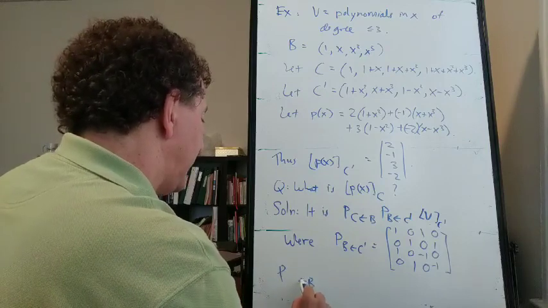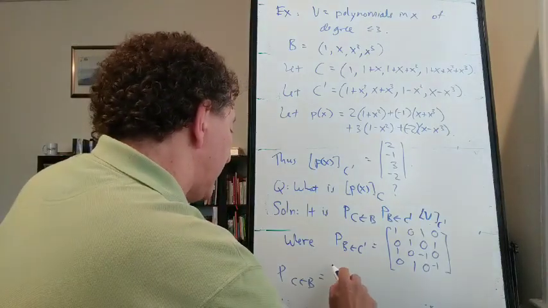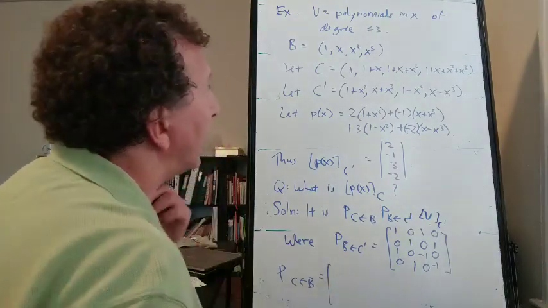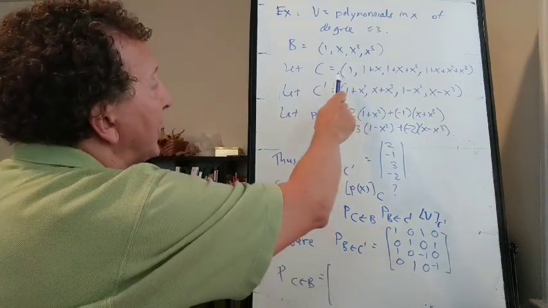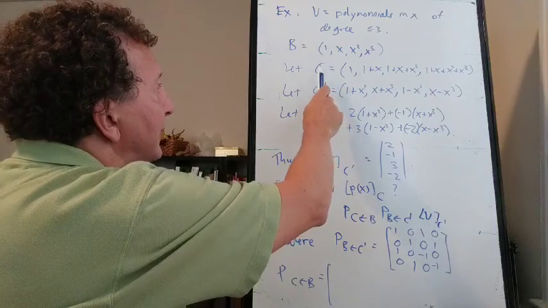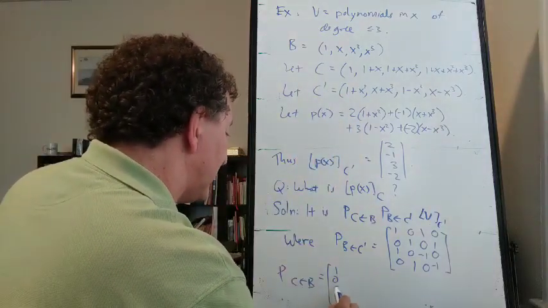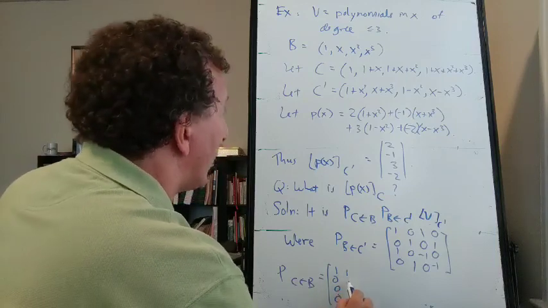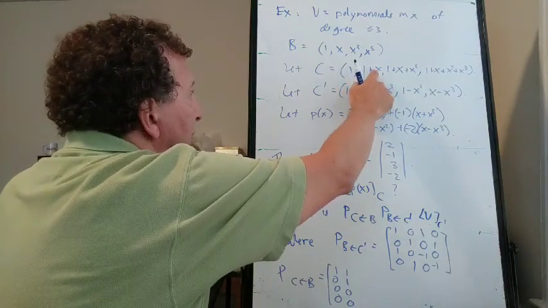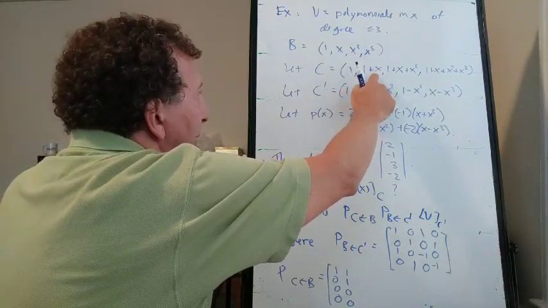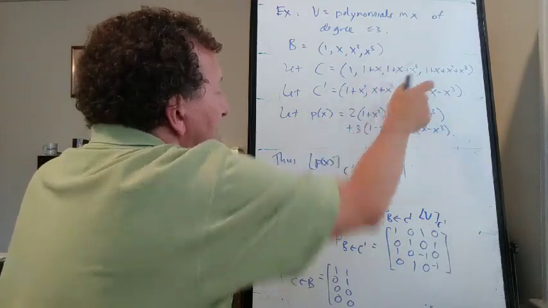And then P from B to C is the inverse of the matrix that we get by writing the coordinate vectors of the elements of C with respect to the natural basis. So we've got 1, 0, 0, 0, then 1, 1, 0, 0, because this is 1 times 1 plus 1 times x plus 0x squared plus 0x cubed. And then 1 plus 1x plus 1x squared plus 0x cubed.